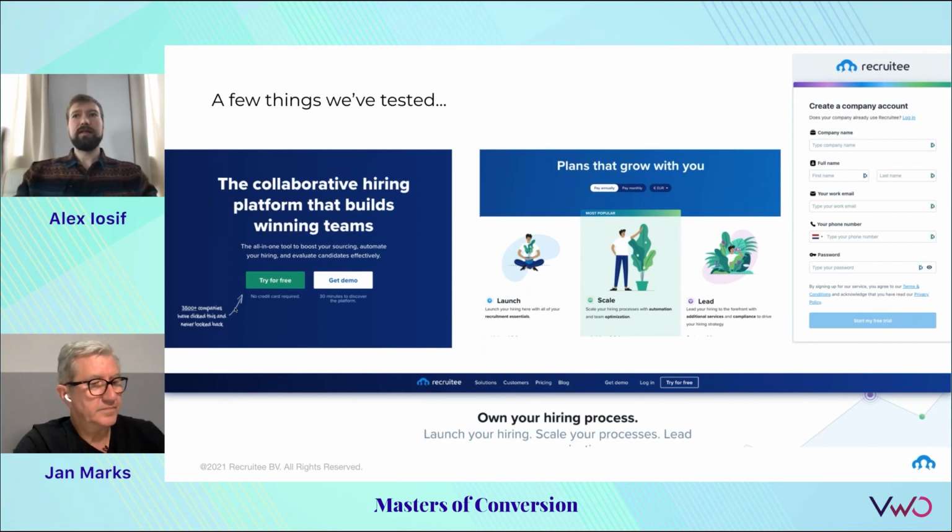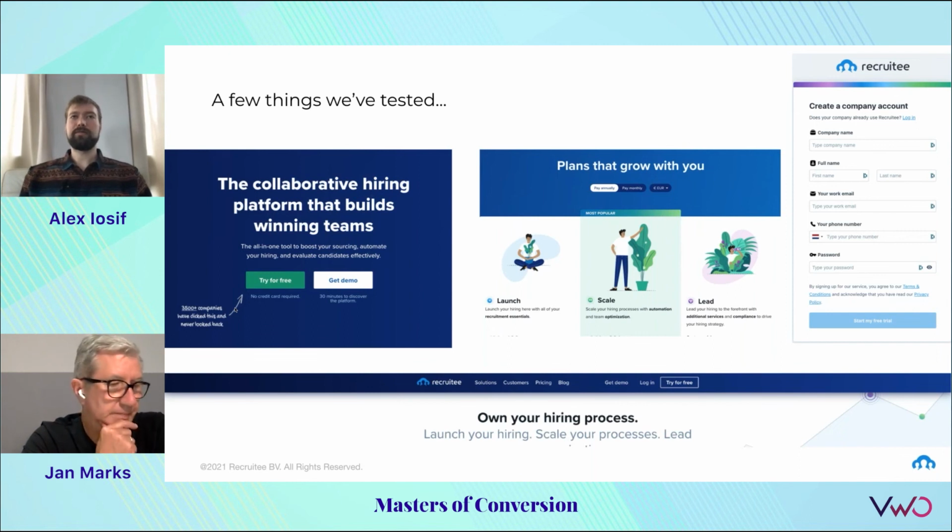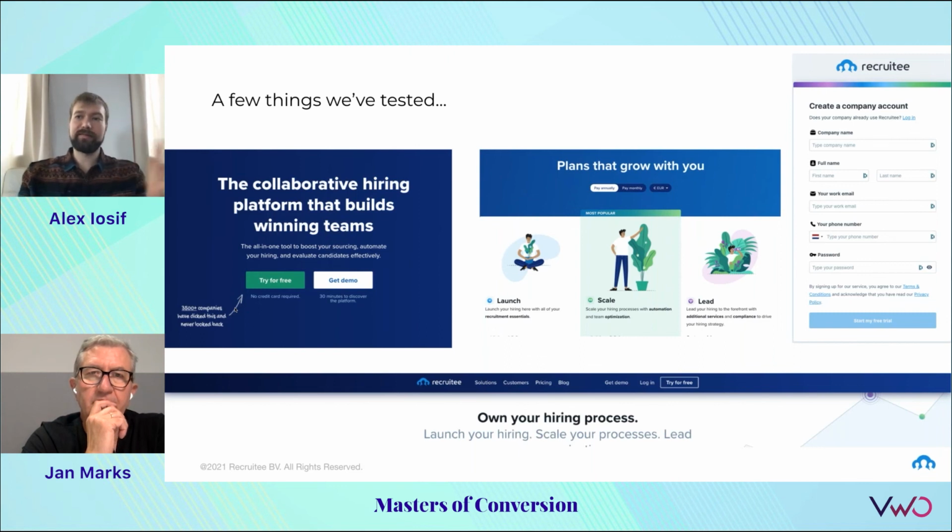But usually copy changes for the full homepage, because we found that just 1 or 2 pieces of the copy will never have much impact. So really, we are testing everything from design elements to information structure to additions, to highlights, to little tricks, so to speak, like the 3,500 companies one.